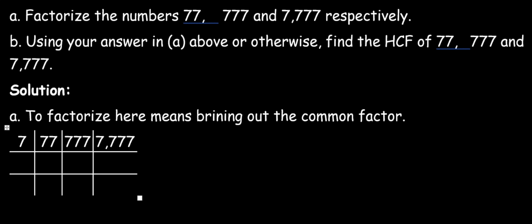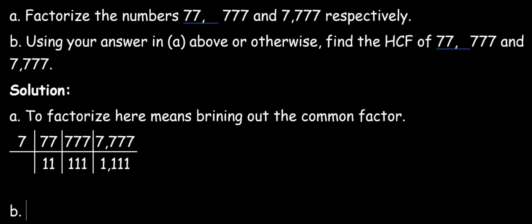The first prime factor that can divide through is 7. So 7 divides 77 to give 11. 7 divides 777 to give 111. And 7,777 divided by 7 will give you 1,111.